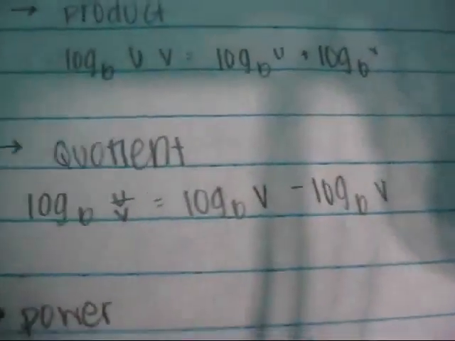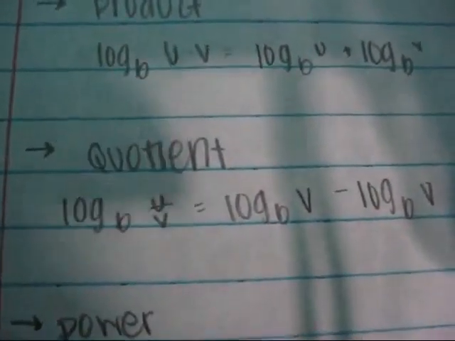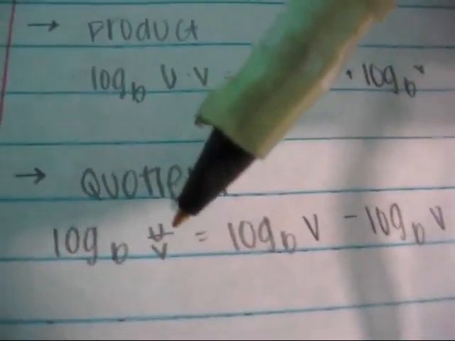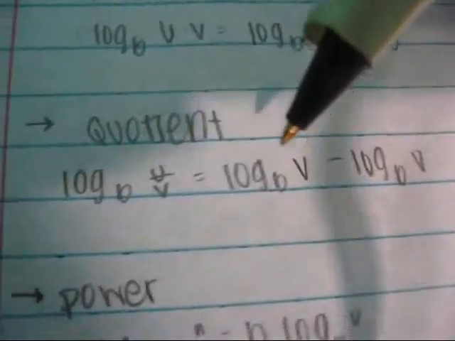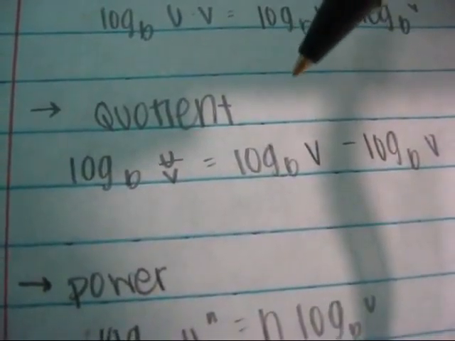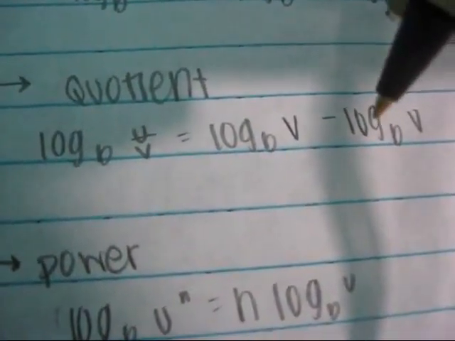And then the third property is the quotient property. So you have log base b of u over v equals log base b of v minus log, sorry, this is wrong.